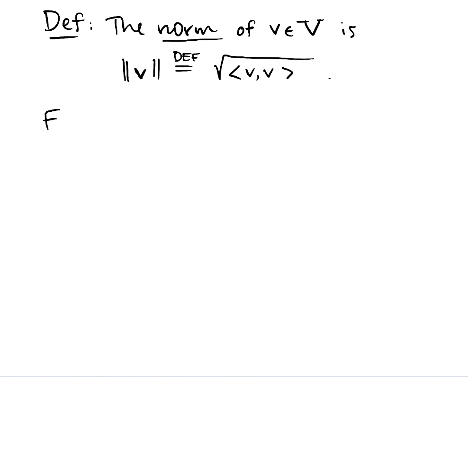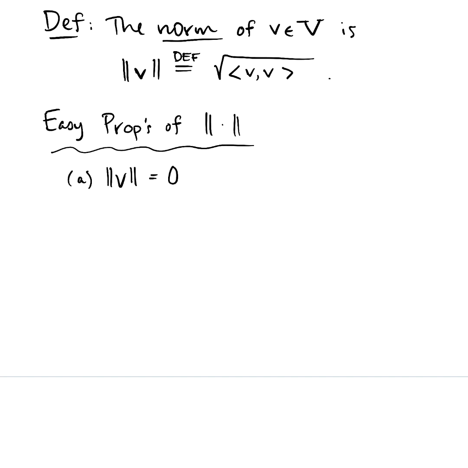So here's some easy properties of the norm. So for example, here's one. Easy property of the norm. The only way a vector has norm 0 is if that vector is the 0 vector. So the only way the norm of v comes out to 0 is if v is 0.